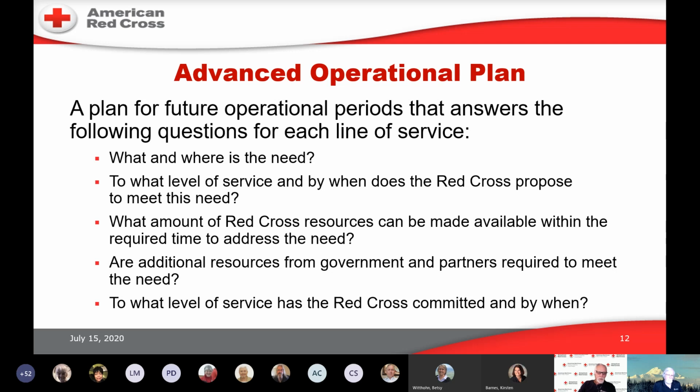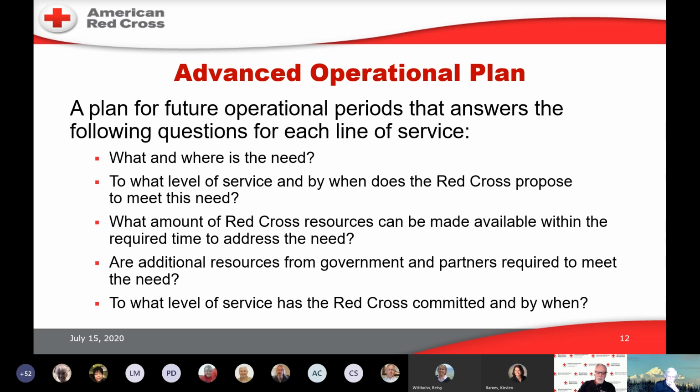So right now you'll see the earlier version online and the earlier training, but again, that'll be updated soon. The key thing there is it can give you a description of what and where is the need. Based on the scale of that need, what level of service and provided when by the Red Cross are some of the things you put into the advanced operational plan.